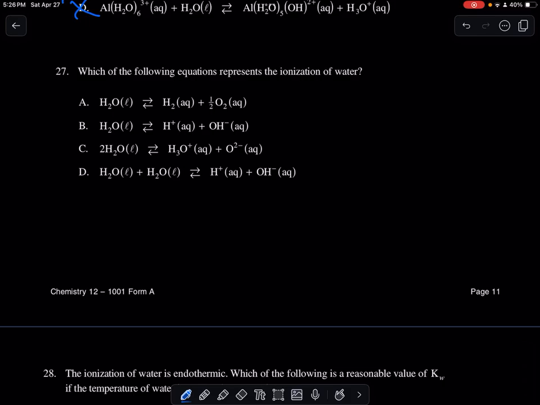Which of the following represents the ionization of water? So the ionization of water is an interesting phenomenon, specifically in the sense that water will convert into H plus and OH minus. That is what we call the auto-ionization of water. So which of the following equations is going to represent that? Have a go.